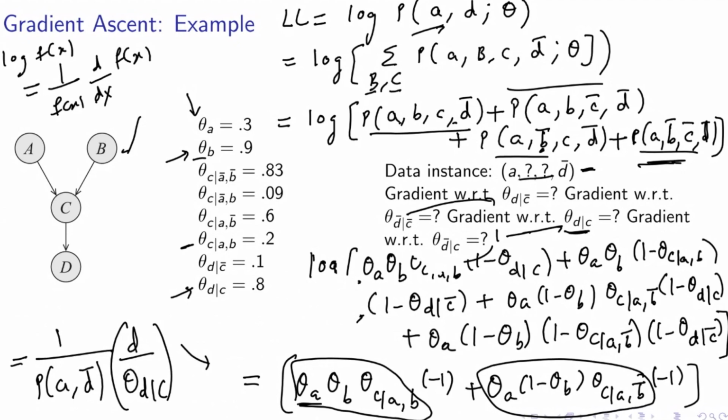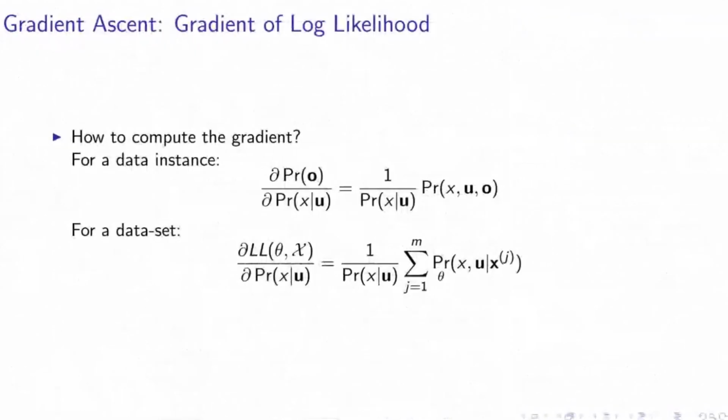Just write down the expression for the log likelihood and then take the derivative of the log likelihood with respect to each one of those parameters. Then you update the parameters using the gradient ascent algorithm. It turns out that we can come up with general expressions for the gradient of log likelihood, and they are given on the slide.